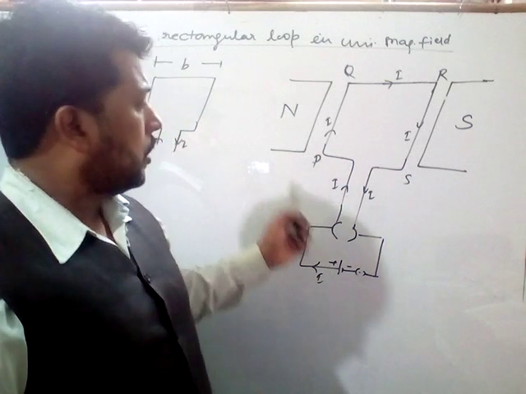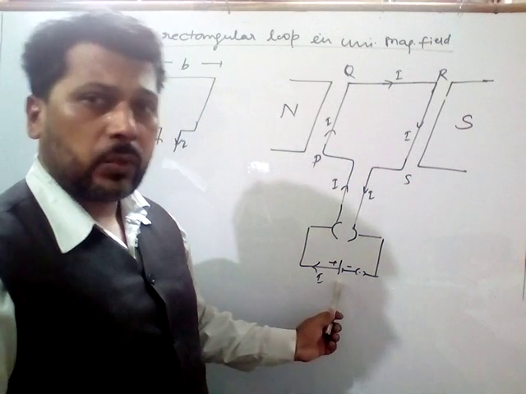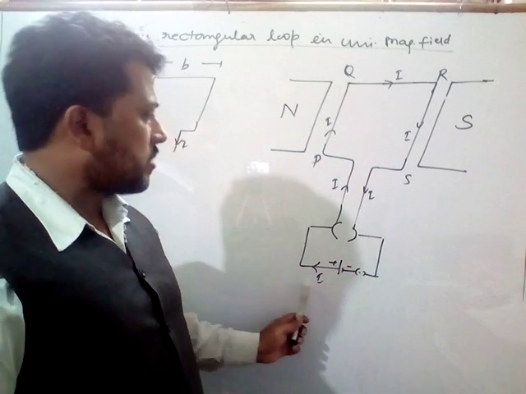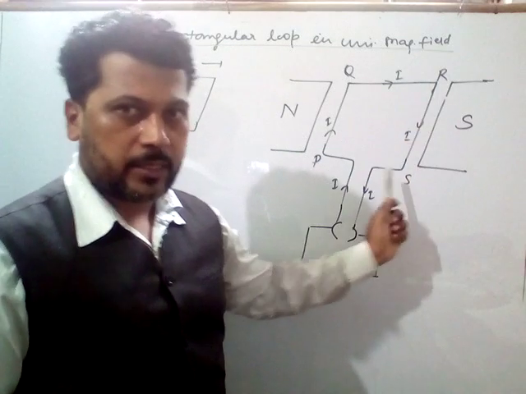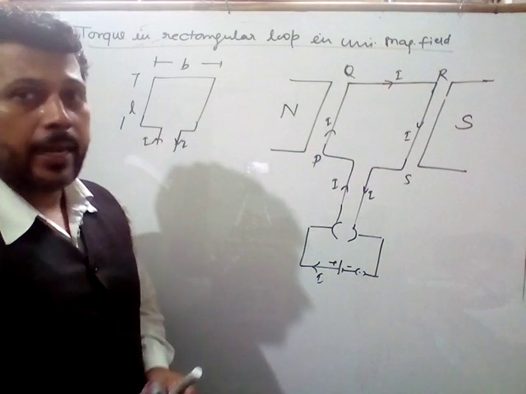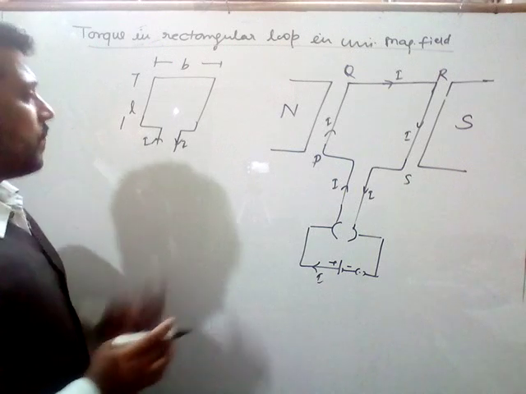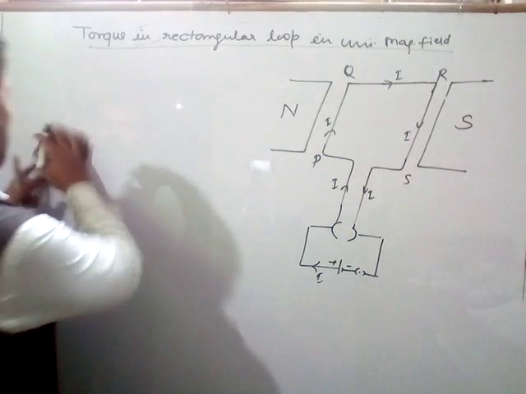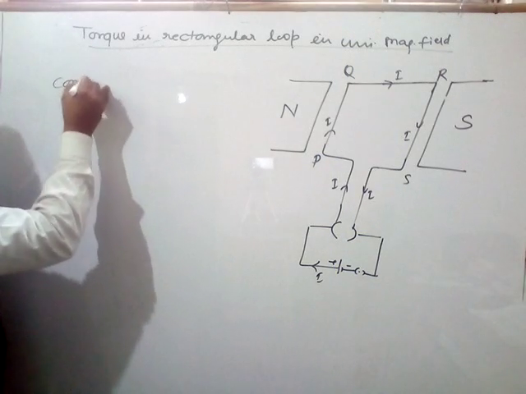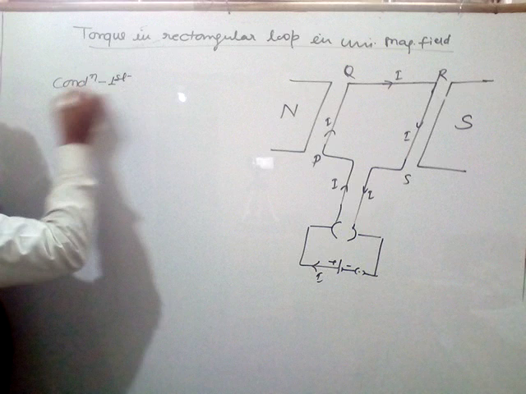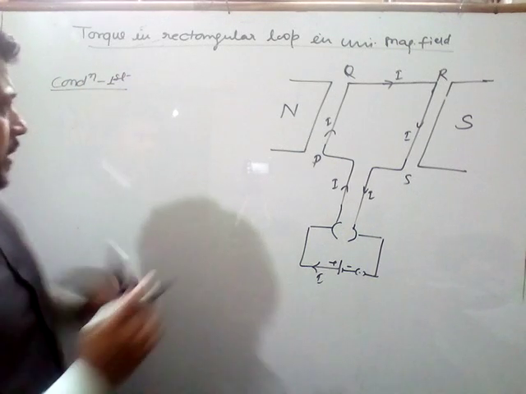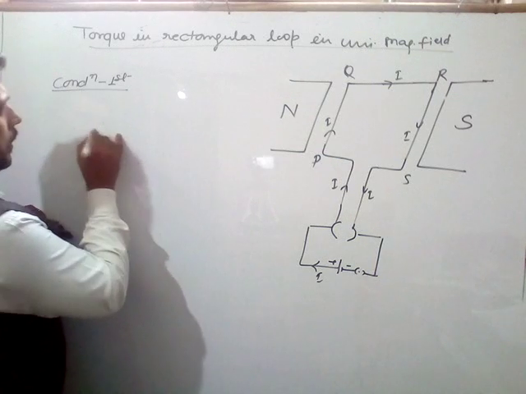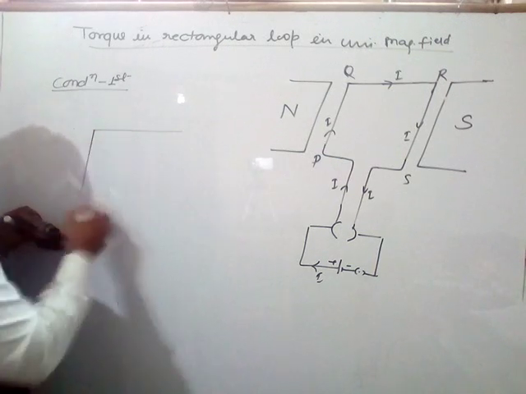It is attached to a source whose EMF is V, and here it produces some current I. So its length is L and breadth is B. First condition, this loop or coil is placed in this way.